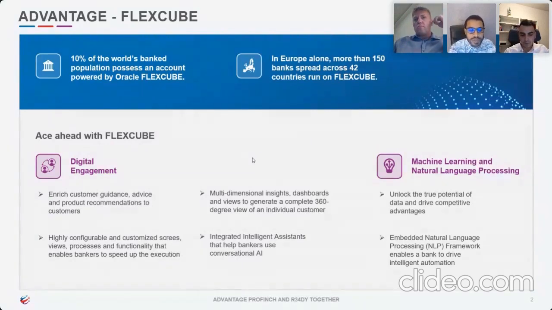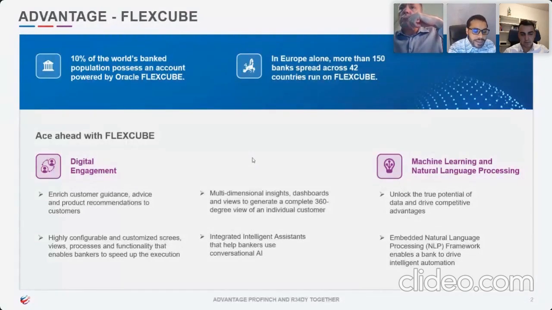So digital engagement, be it customer facing, the end customer, or the banker who's interacting with the customer as an RM, as a teller, or even on the phone, or I would say a faceless person like a chat bot, right?